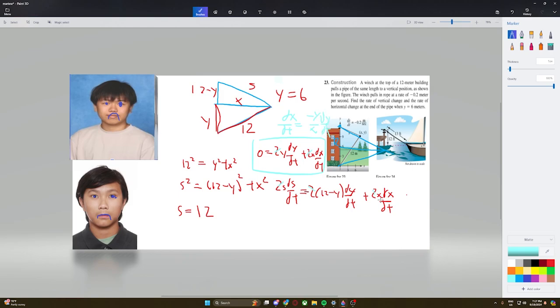If you plugged it in for dx/dt over here, the x on the bottom of this and this x on top would cancel out, and it would be dy/dt. And if you plugged in 6 for this, it would be negative 6 minus 6 dx/dt, which is negative 12.